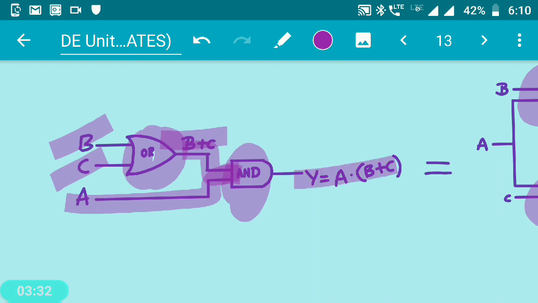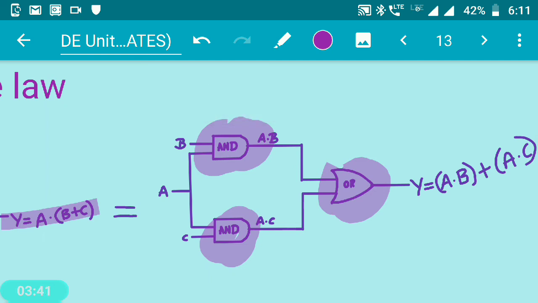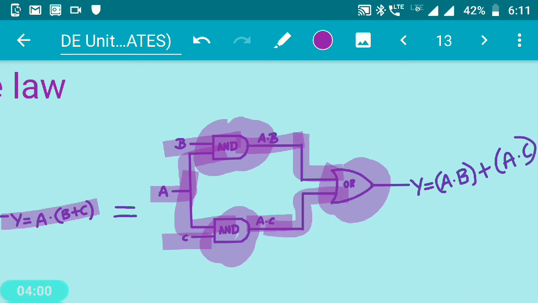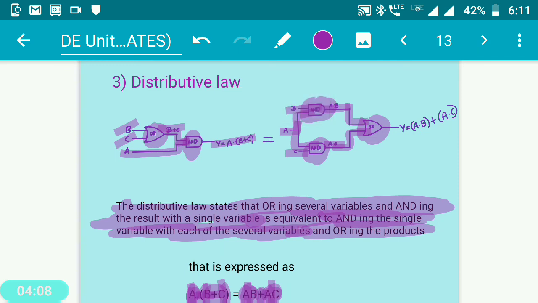The output will be A and B or C. Now we have to realize y is equal to A and B or A and C. So B is given as one of the inputs to the AND gate, A is the common input to both the AND gates, and C is one of the inputs to the second AND gate. The outputs of these two AND gates will be A and B, and A and C. Then both the outputs are given to the OR gate, which yields y is equal to A and B or A and C. This is the logical diagram we can draw for the distributive law.